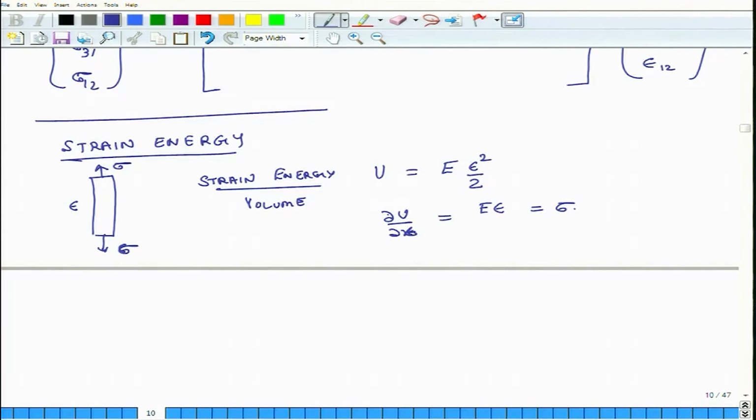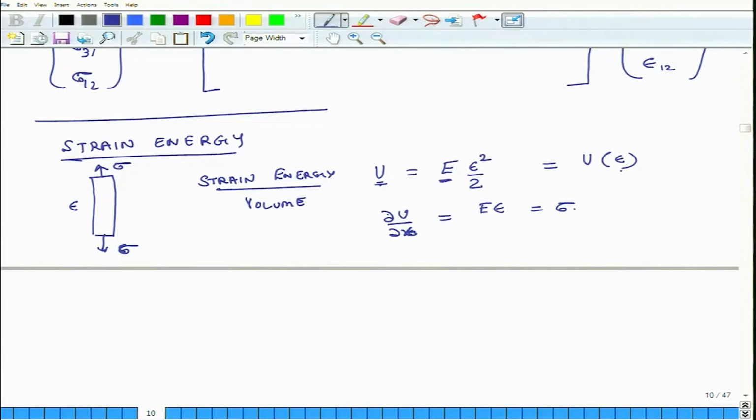So, strain energy is a function of strain only, because E is a constant.